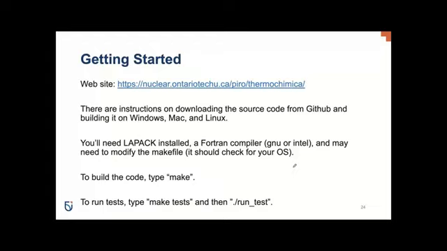We have, I think, about 60 or 70 different tests that run every night. It pulls the most recent version of Thermochimica and then performs a number of application tests. What that means is that if any changes are made to the source code, you can run through all these tests to gain confidence that it's producing reproducible results for a number of different types of systems.